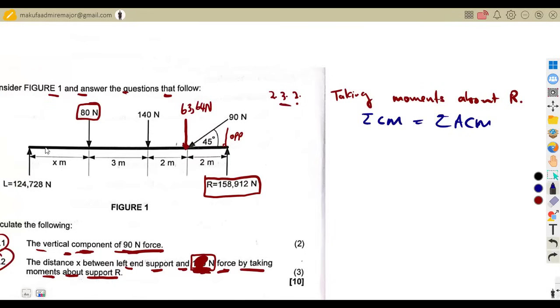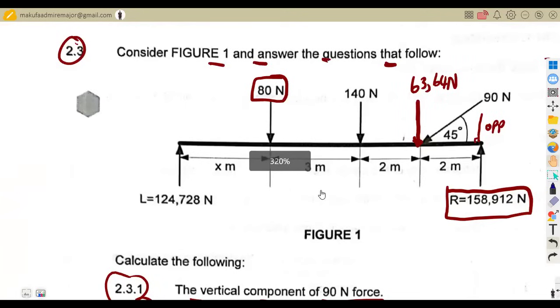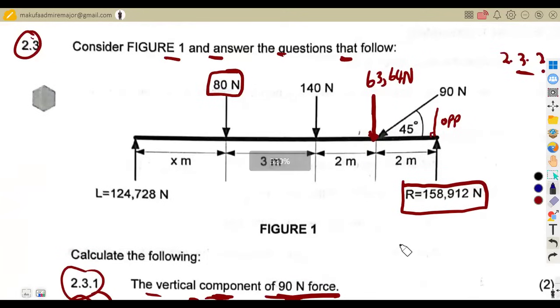It means we shall consider the other forces as they move towards R. So let's start with L. How is it moving towards R? This is how the clock moves, this is our clockwise, and the anti-clockwise is like this.